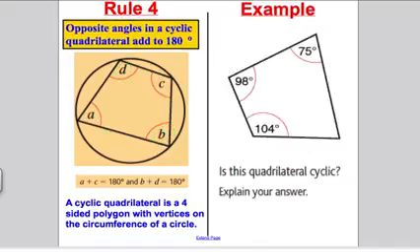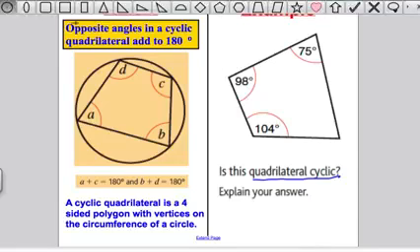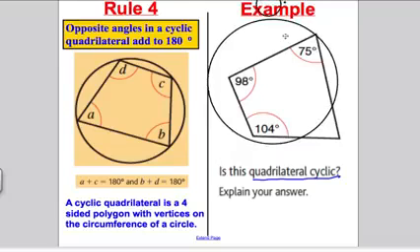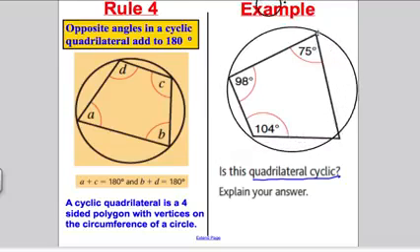And let's just take a look at another type of question with this rule. Opposite angles in a cyclic quadrilateral add to 180. Here's a question, shows us a quadrilateral. It asks us, is this a cyclic one? I.e., could I draw a circle around this so that each corner was on the edge of a circle?